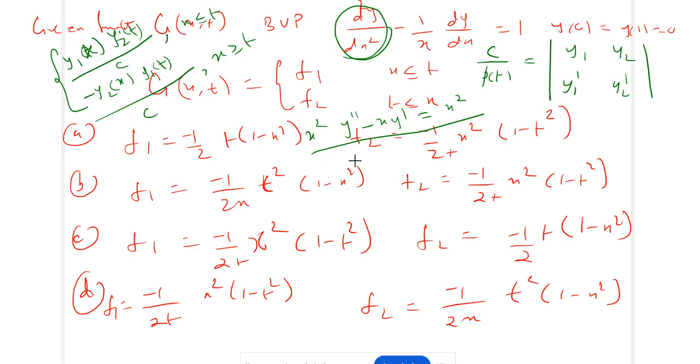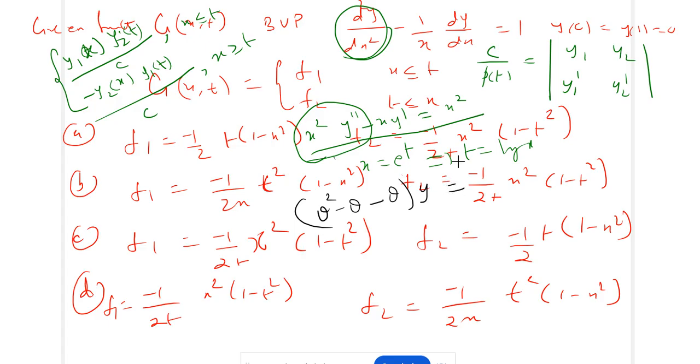So to convert this, generally we replace x equal to e power t, we transform. x equal to e power t means t equal to log x. Then theta equal to d by dt. Then x square y double dash can be replaced by theta square minus theta, and x y dash by theta, into y, equal to the right side, which changes in t. x is e power t, so x square becomes e power 2t.